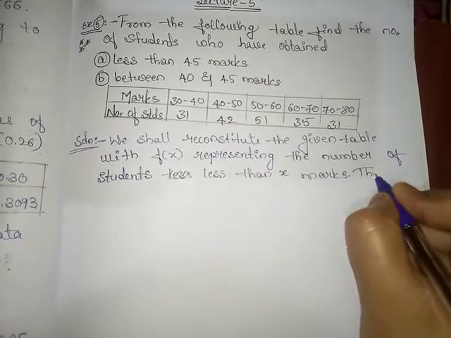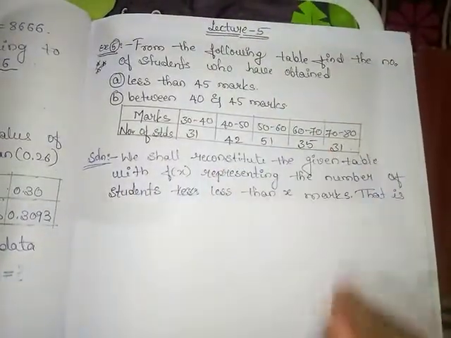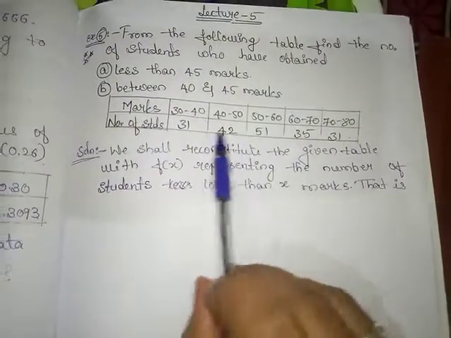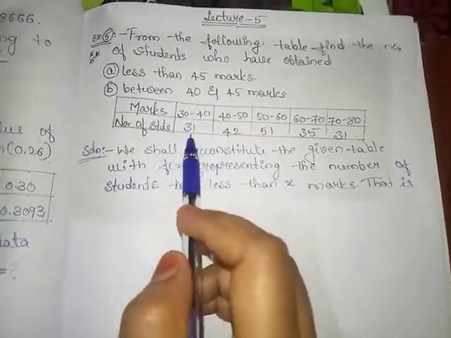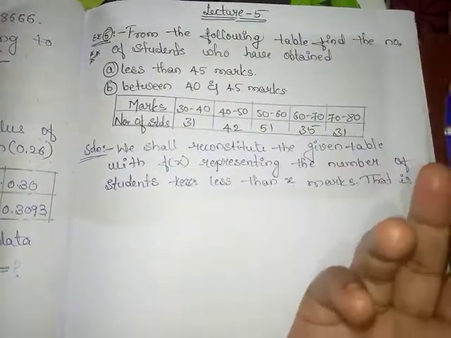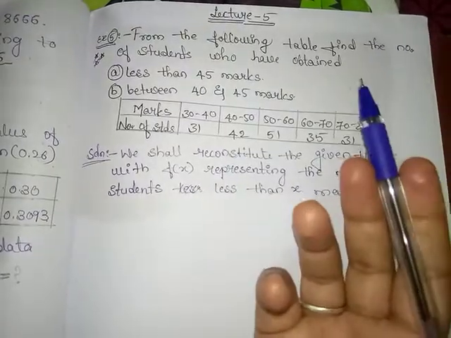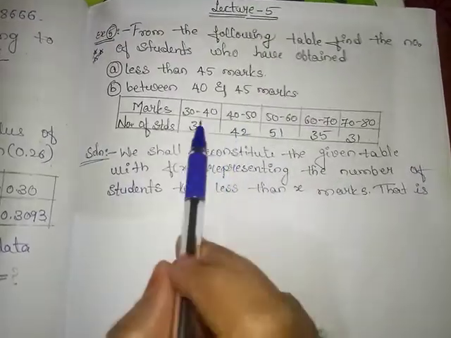Here we have to reconstitute this table and take x values as less than x. We don't know how many students have 30, how many students have 31, how many students have 32, means we don't know exactly how many students have particular marks here.